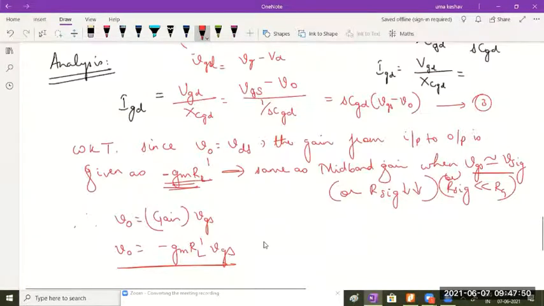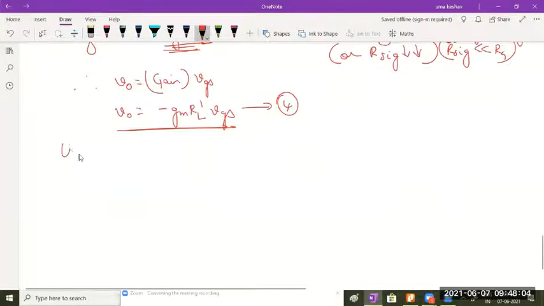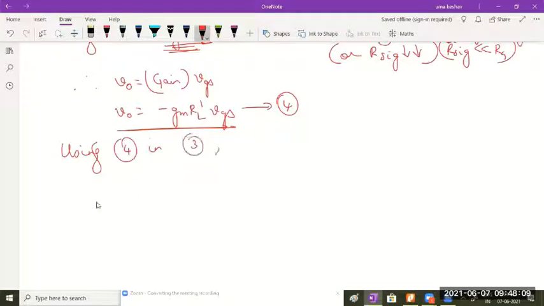Now, let me substitute this value in equation 3. In equation 3, I have a V0. For that V0, I am going to substitute this value. Using equation 4 in equation 3, what is the expression you get for this current? We have SCGD into (VGS minus V0). For V0, I am going to replace it with minus GM RL dash VGS.